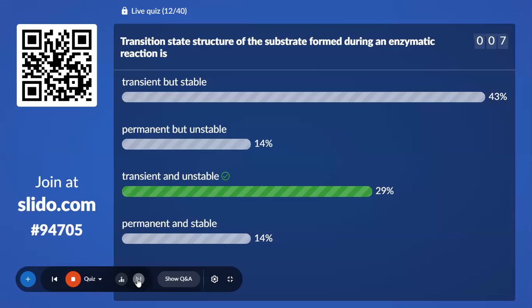Transition state structure of the substrate formed during an enzymatic reaction is transient and unstable. Read the chapter biomolecules, from the enzymes topic onwards. And moreover, I'll take the lecture and put it on YouTube as soon as possible. So, for my amazement, I should have the leaderboard after this question on the screen.